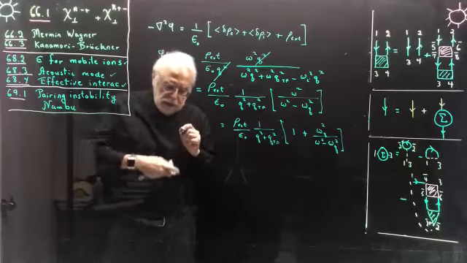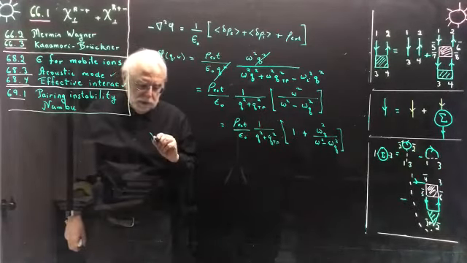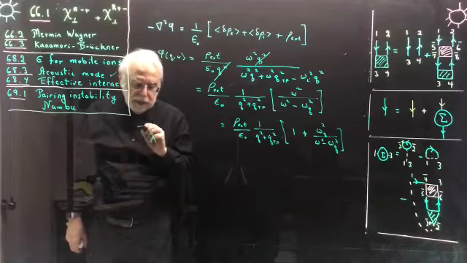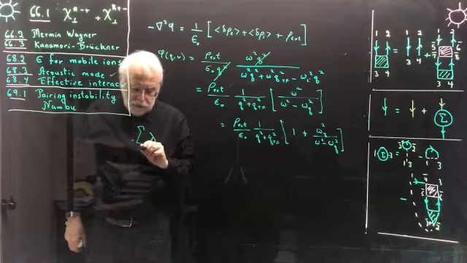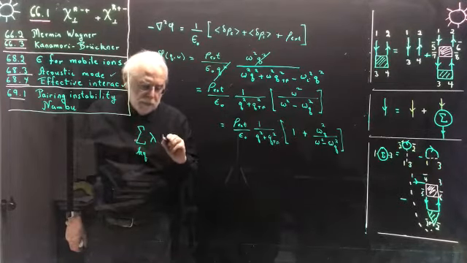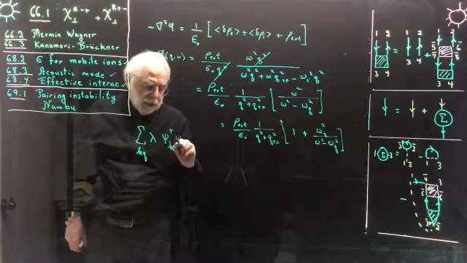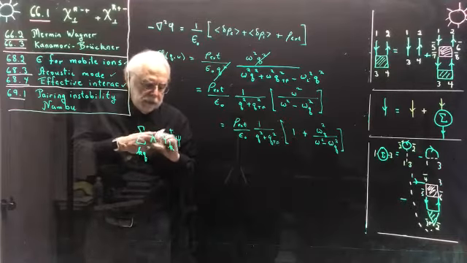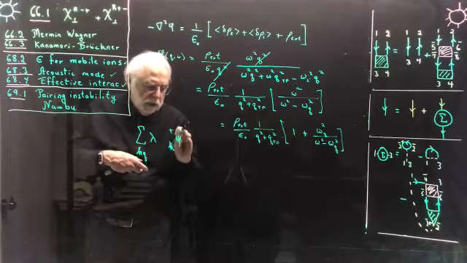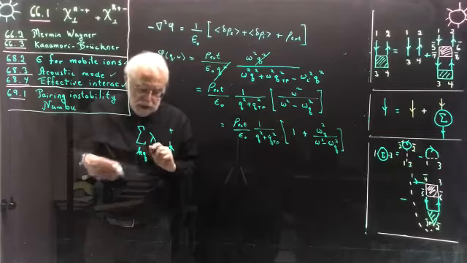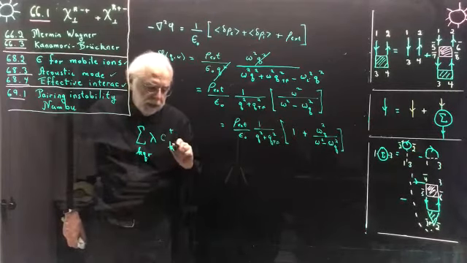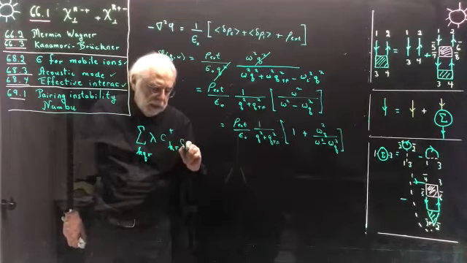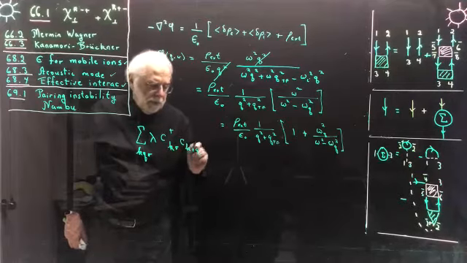Well, it will be some coupling constant that can depend on q, and then there will be a sum over k and q of C dagger k sigma C k plus q sigma, where C is for conduction electron.